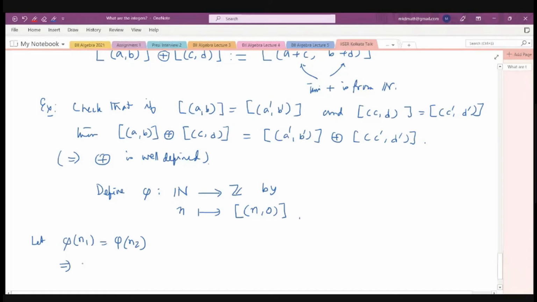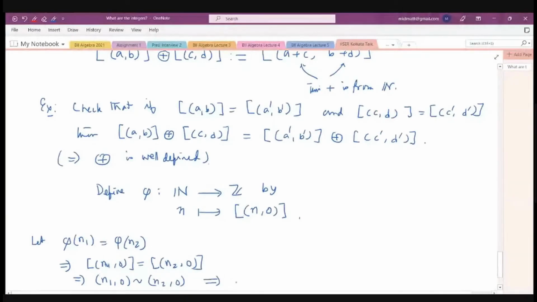This implies the class of (n1, 0) is equal to the class of (n2, 0), which means that (n1, 0) is related to (n2, 0), and by the definition of the relation, you remember the first entry plus the last entry is equal to the second entry, meaning the first entry of the first one and the last entry of the second one is equal to the second entry of the first one plus the first entry of the second one.